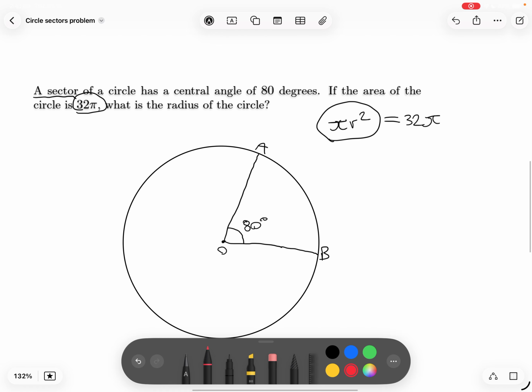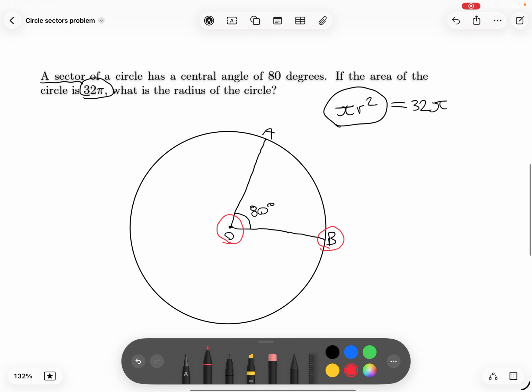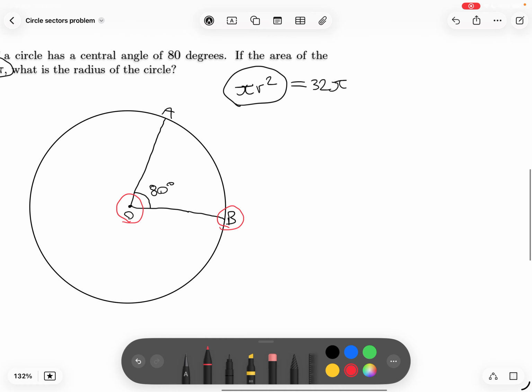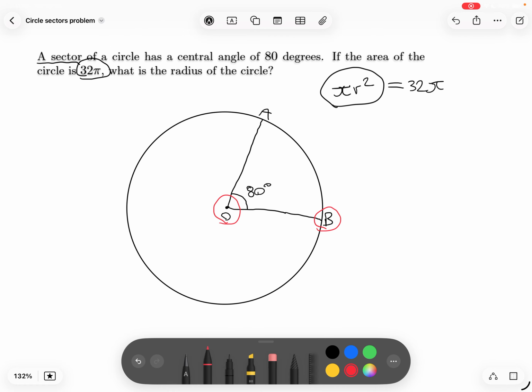Keep in mind that the radius of the circle is the distance from the center of the circle, which in this case is O, to the edge of it, the circumference all around it. Like point B, for example, the line from O to B would be the radius. So that's a side of our sector. Let's write out the formula. We're going to explain what the different x's and r's mean in a moment.